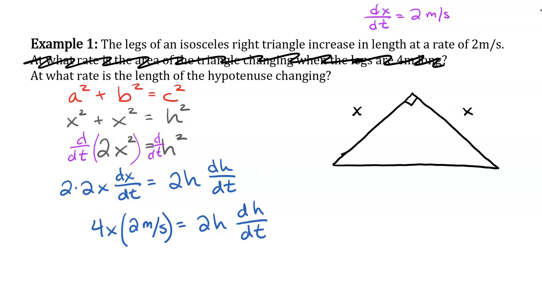We can easily solve the equation that we have for dh/dt. Very simple. So that'd be 8x meters per second over 2h.